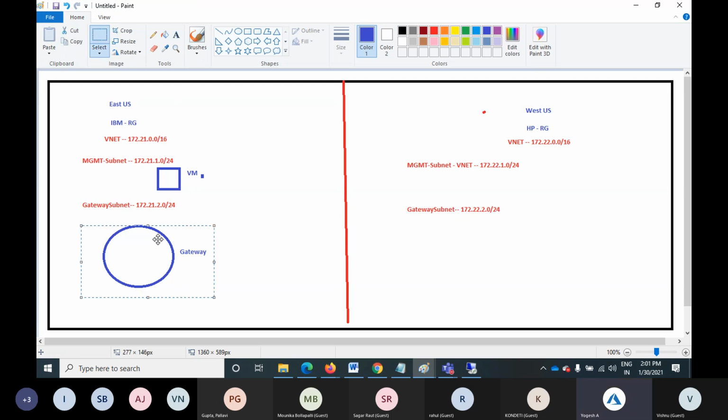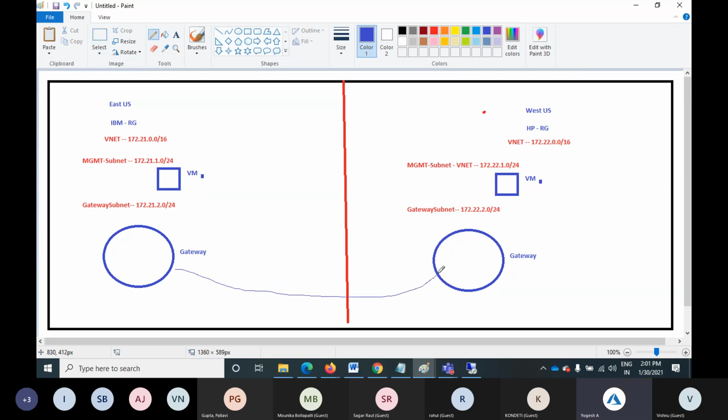Same, you are going to configure here as well, right? Okay, and then you are going to create a connection. Simple. And then your virtual machine can communicate with the other virtual machine.